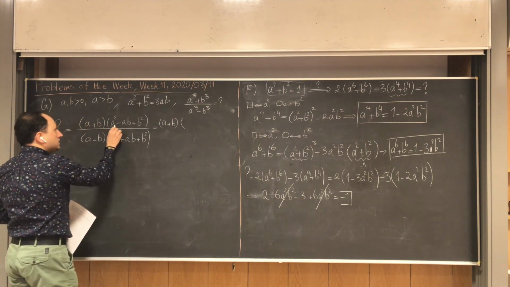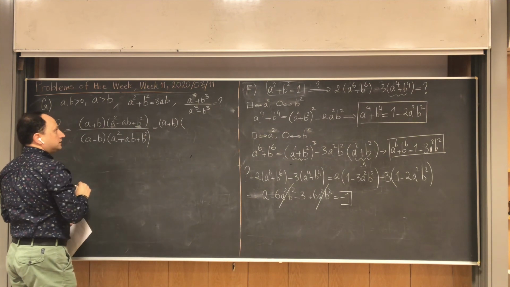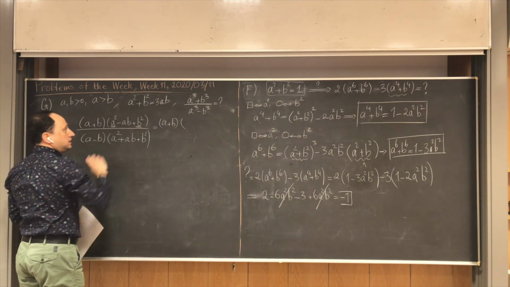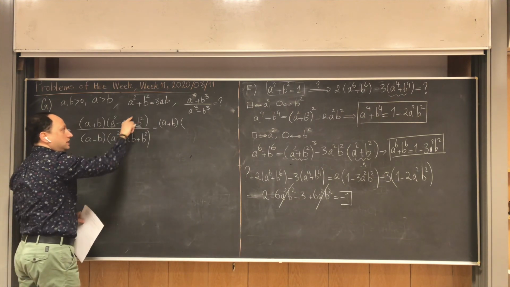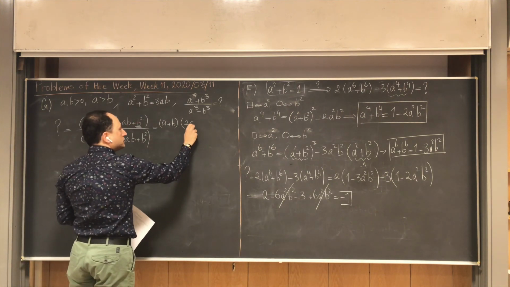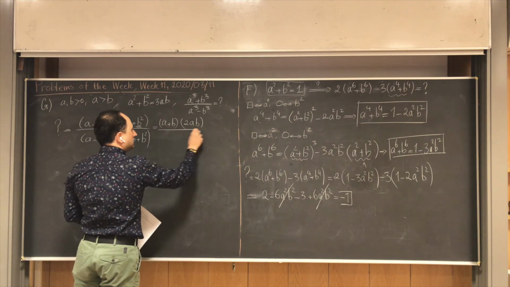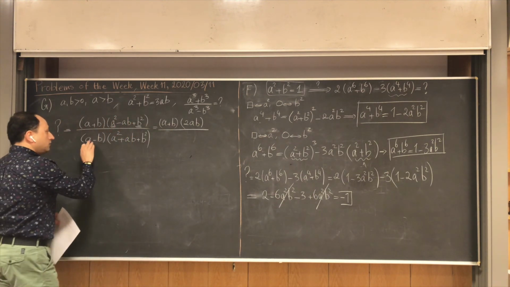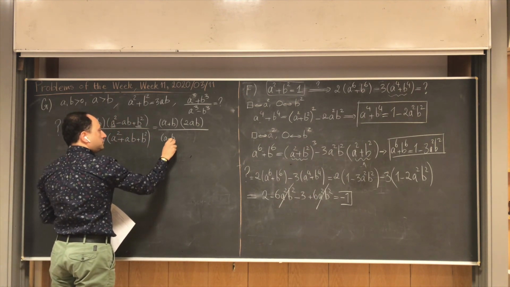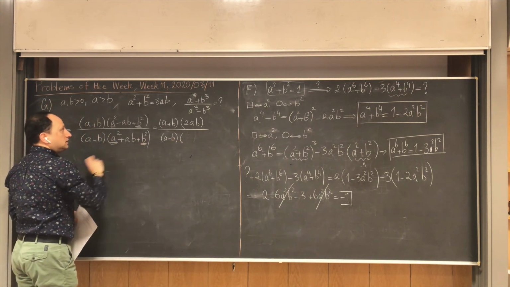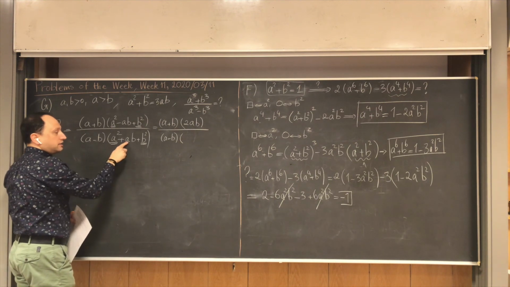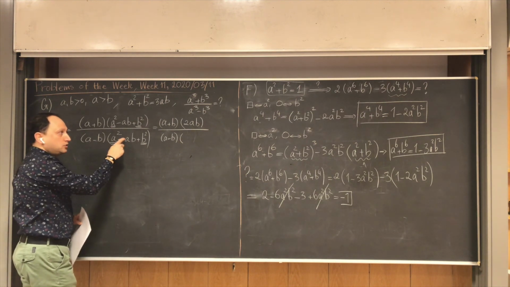But instead of a squared plus b squared, I put 3ab, but I have a negative ab here. 3ab, negative ab becomes just 2ab. And then I would copy and paste the a minus b parts, but again, a squared plus b squared is 3ab, but I have an extra positive ab here, so it becomes 4ab.